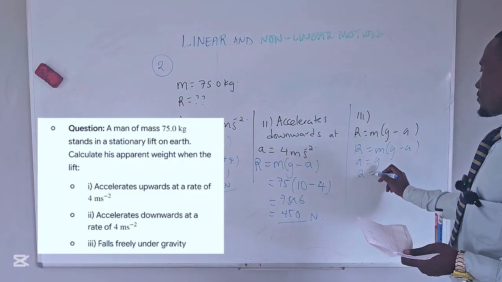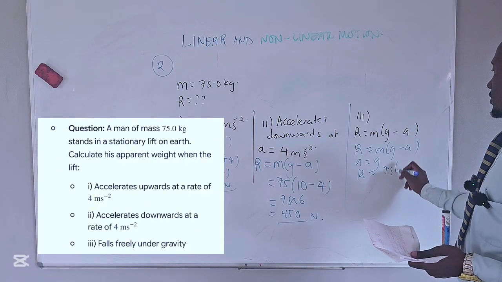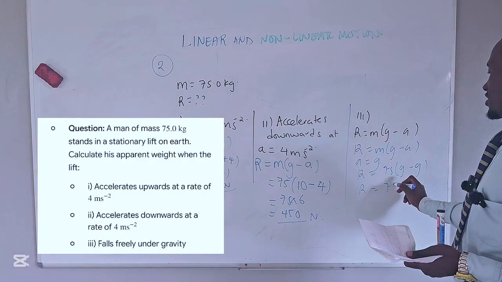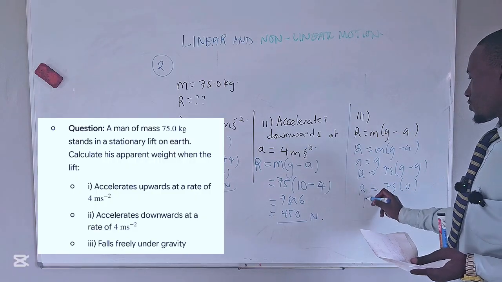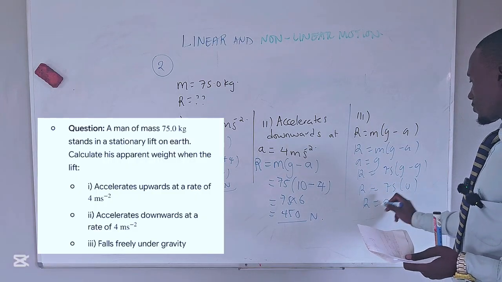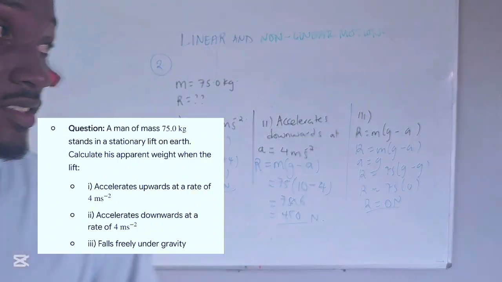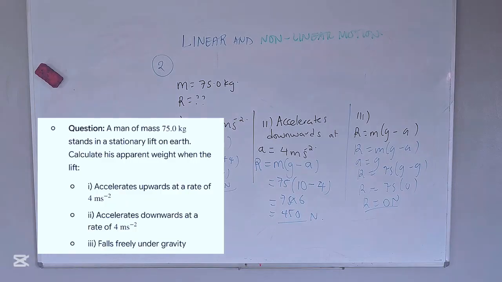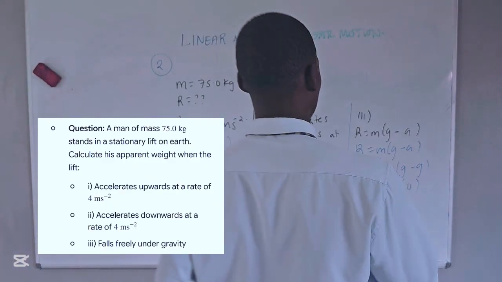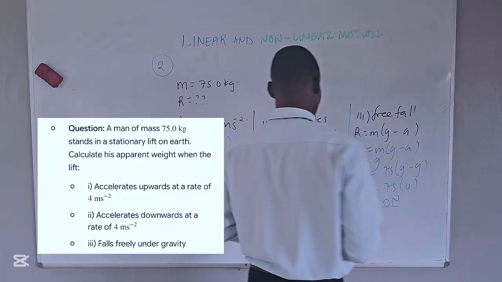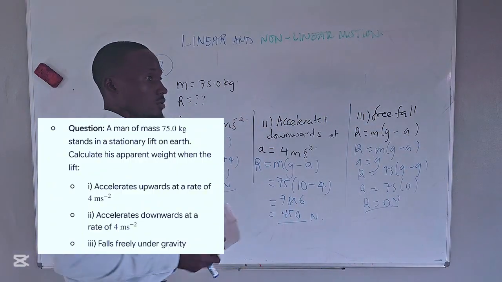So R will be the mass, g minus g. R will be 75 times 0, which is equal to 0. So in that case, if it's moving downwards in free fall, then its apparent weight is 0 newtons.